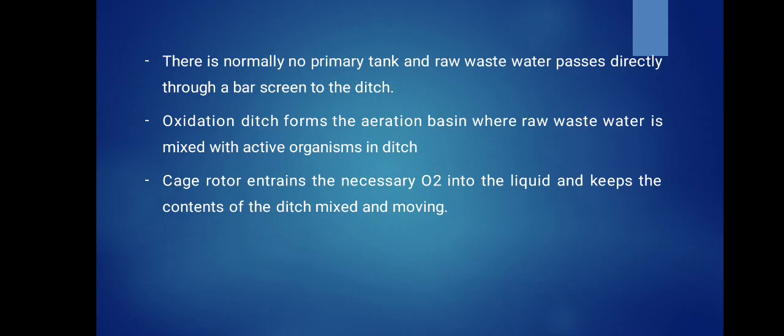One rotor is present in the ditch. That rotor starts rotating. During the rotation, the microorganisms present in the wastewater absorb the oxygen from the atmosphere, and it is also mixing and moving.